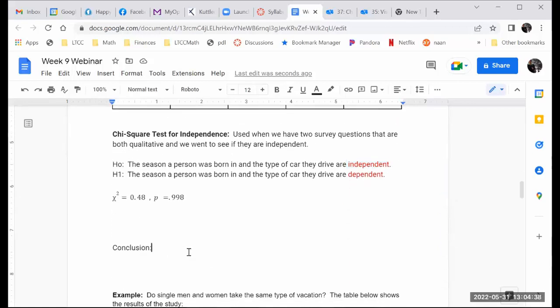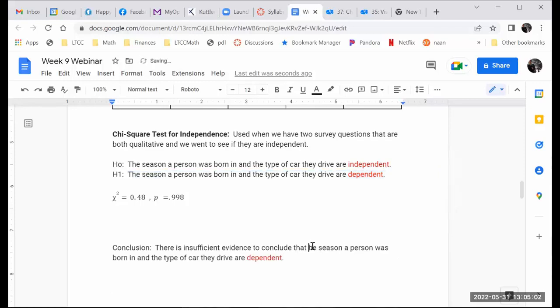So there is insufficient evidence to conclude that, and now all I do is copy and paste, the season a person was born in and the type of car they drive are dependent. And not only that, it is so close to 1, you wouldn't even think about having a bigger sample size because hopefully maybe you'll show they're dependent.